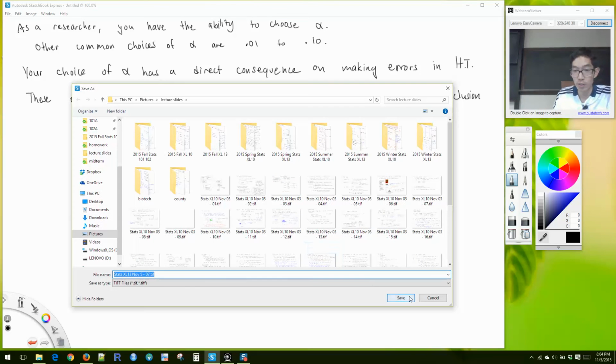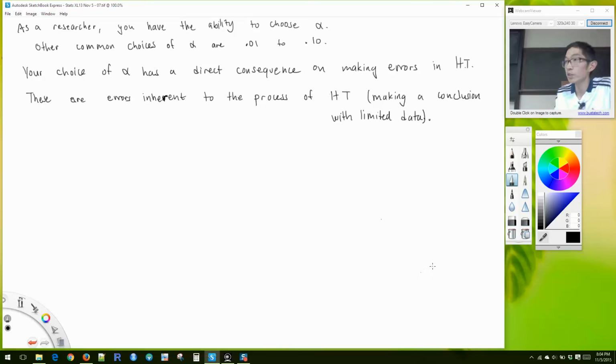All right, and so the conclusions you make are either to reject the null hypothesis, conclude that you have evidence against some claim, or your conclusion could be not to reject the null hypothesis. You conclude that you don't have evidence against the null hypothesis, okay? So keep that in mind. So our conclusions could be, so I'm going to make a little table here.